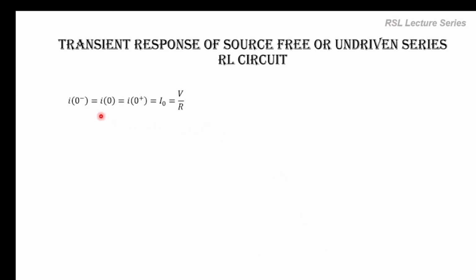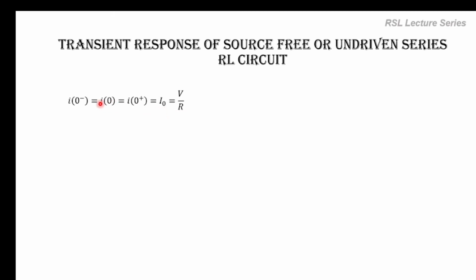Immediately after moving the switch, that is at i of 0, and immediately after, i of 0 plus, under all these three conditions, i naught will remain the same because the inductor will not allow a sudden change in the value of current.